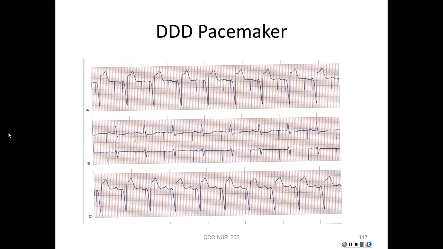I'm just going to briefly talk about pacemakers. We've talked a little bit about pacemakers with second and third degree blocks. When you see a monitor strip that has really tall spikes like this, that is the pacemaker firing. In this first strip, we have an atrioventricular pacemaker.